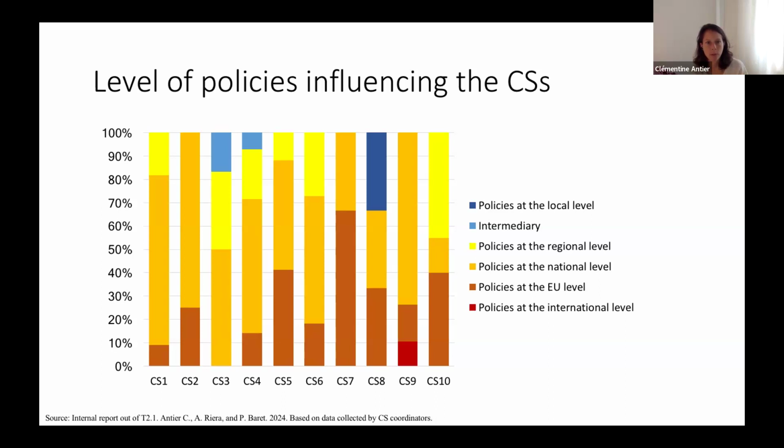And some case studies which are framed at a wider scale are influenced by policies that are designed at a wider scale. We can also observe that there are always different levels of the policies. So that's also important because it means the actors are not only interconnected where they operate, but they're also interconnected to policy levels more widely than that.